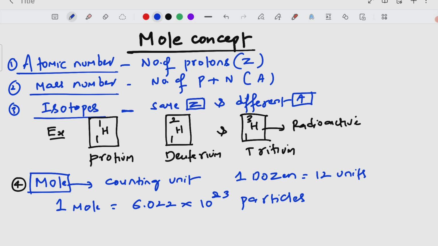But we can't say 1 mole bananas, 1 mole apples. 1 mole we use only for representing minute particles involved in chemistry like atoms, electrons, protons, neutrons, ions, molecules, etc. For representing these minute particles, we use this special term, that is mole. The number is very big.